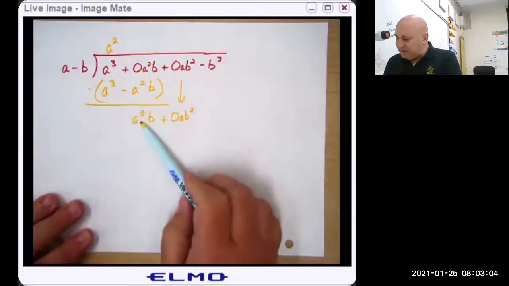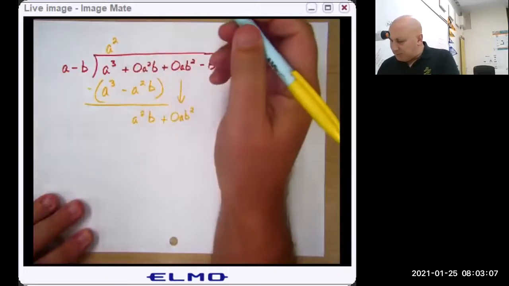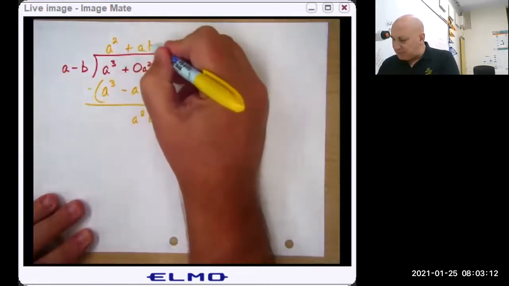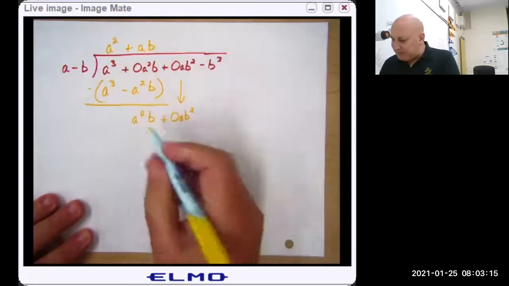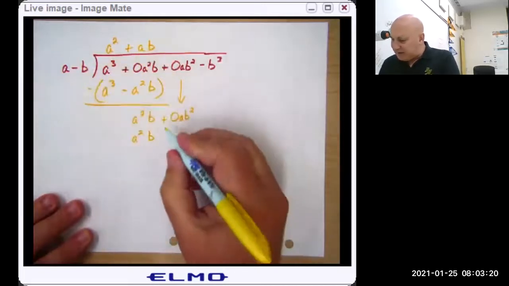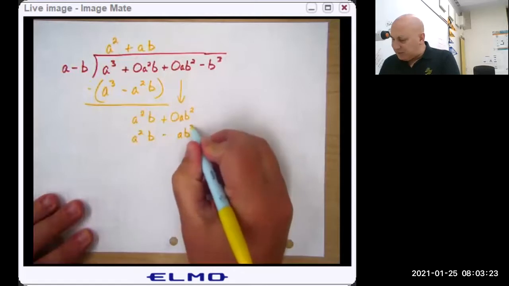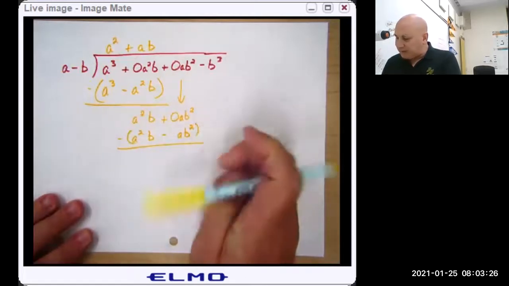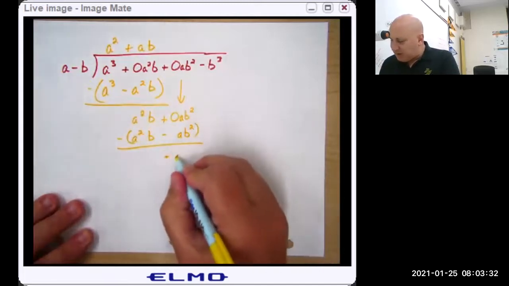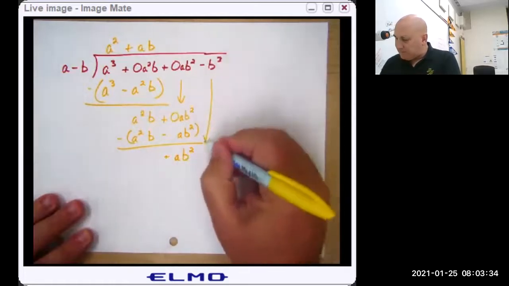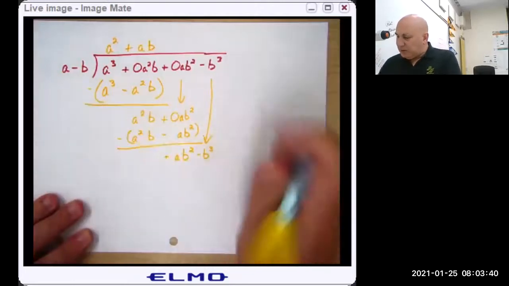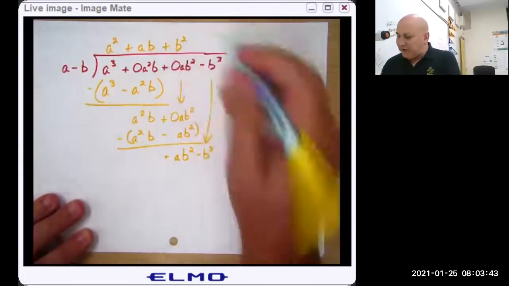Now, a goes into a squared b ab times. A times ab is a squared b. ab times negative b is negative ab squared. And we subtract. Again, that first term cancels. 0 minus a negative is going to be a positive ab squared, minus a b cubed. a goes into here b squared times.